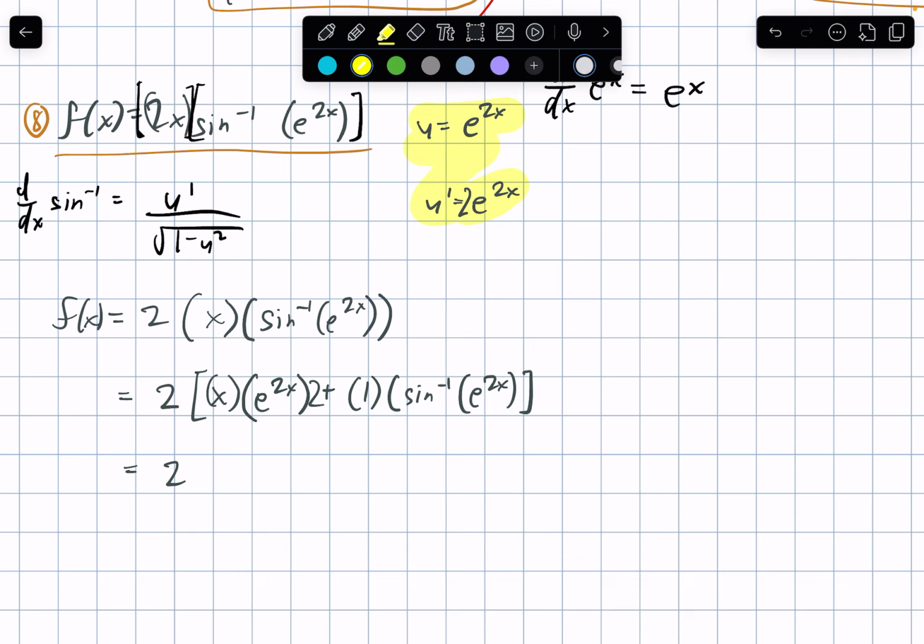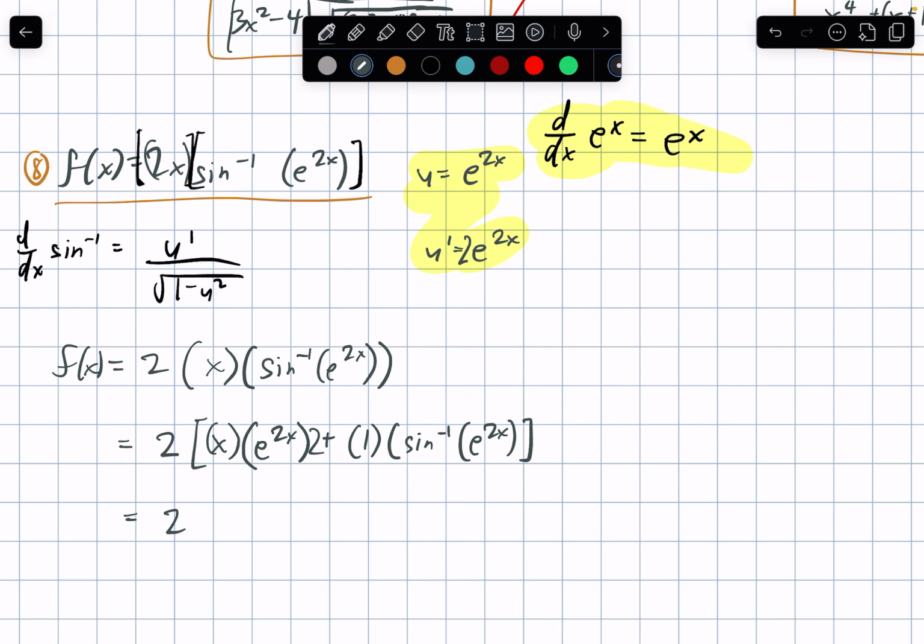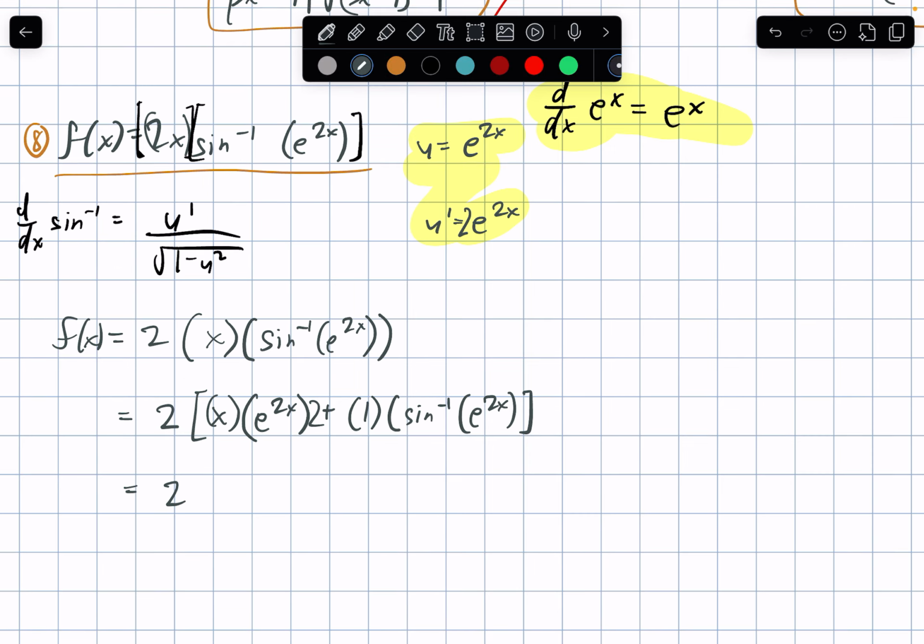We need to take note of this. This is very important. Okay, 2 times 2xe raised to 2x plus arcsine of e raised to 2x. And then we have 4xe raised to 2x.